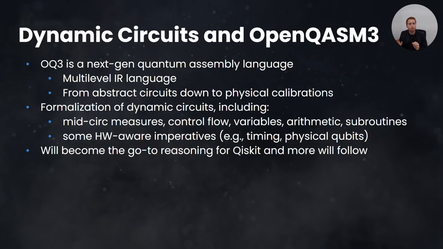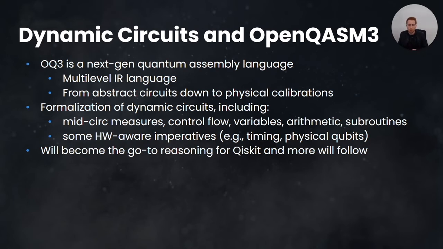IBM coined the notion of dynamic circuits in their OpenQASM 3 language. OpenQASM 3 is the next generation quantum assembly language. It's a multi-level intermediate representation language, meaning that it formalizes both the abstract circuit down to the most physical calibration, accessible through the conventional circuit model.